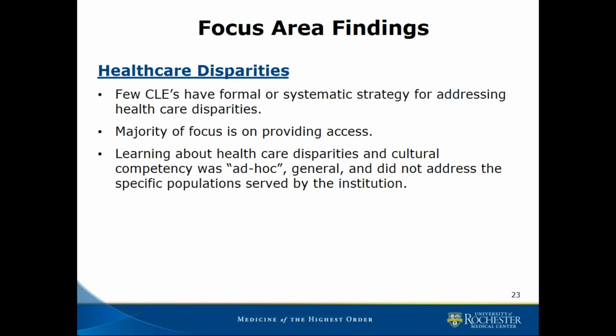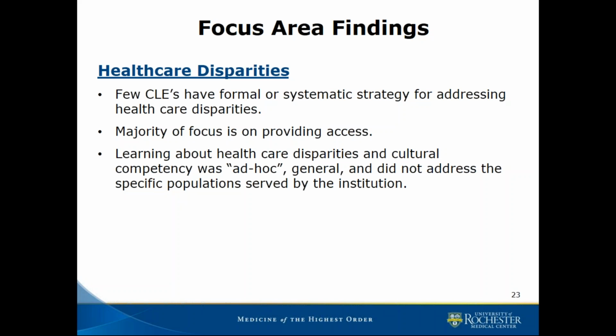It looked at something called healthcare disparities, and when the leadership was asked what their strategy for healthcare disparities was, most institutions talked about trying to provide access for people.